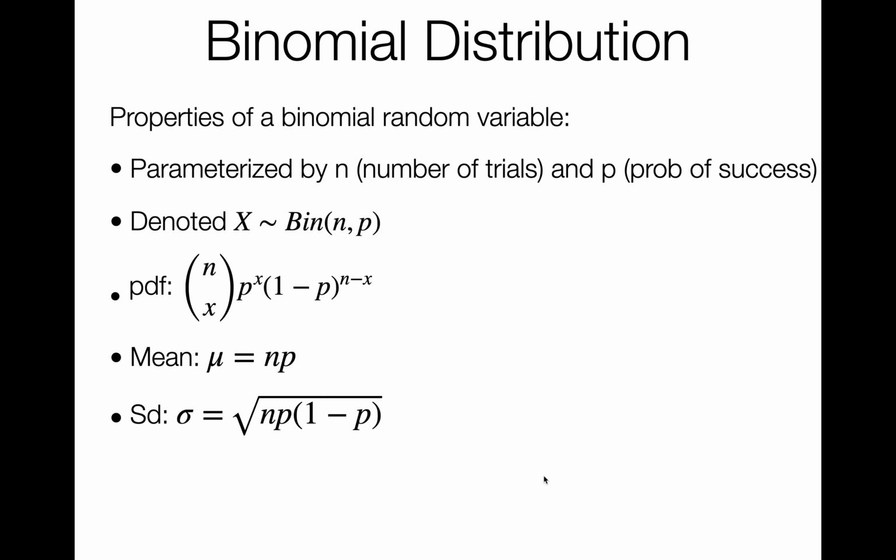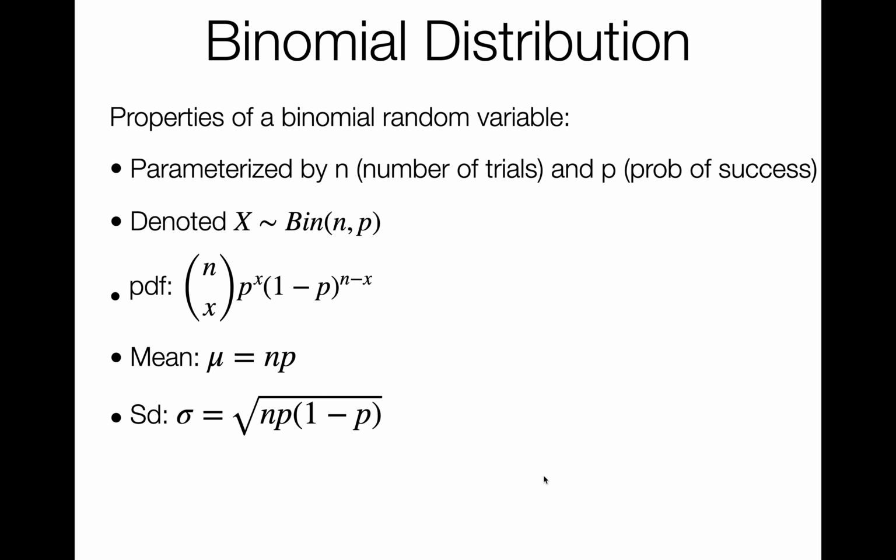And n minus x is the total number of trials minus successes, which is the number of failures. So it's the probability of failure raised to the number of failures. So we have p to the x times 1 minus p to the n minus x. Hopefully that makes some sense to you.